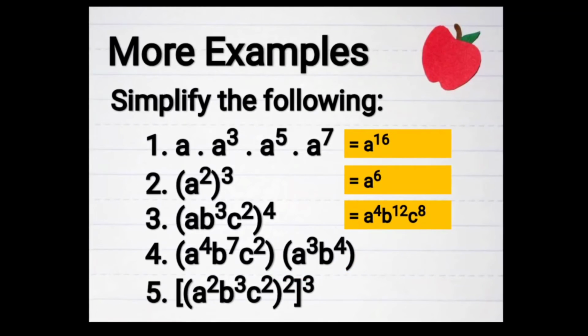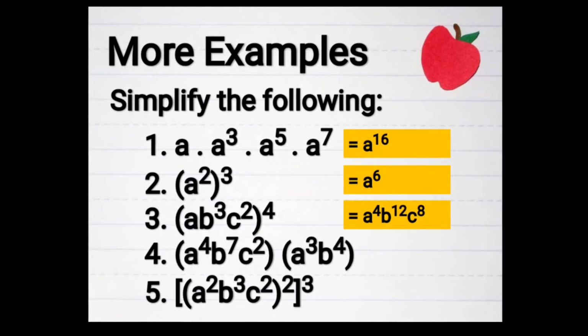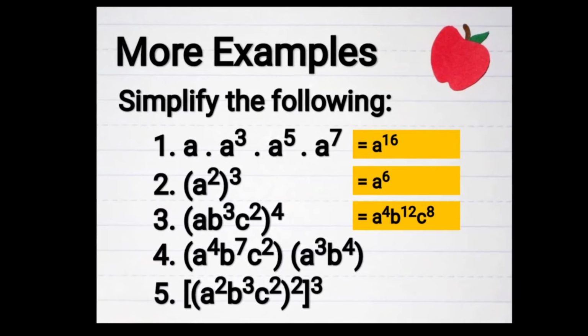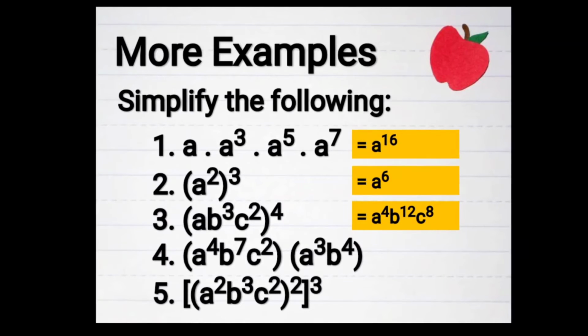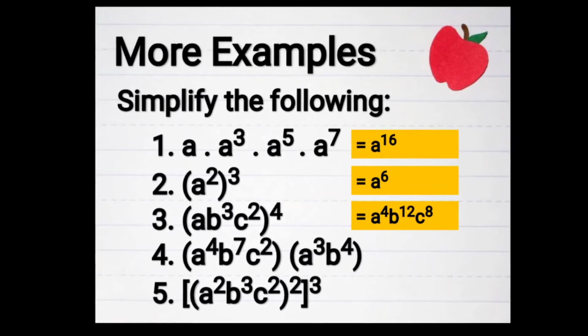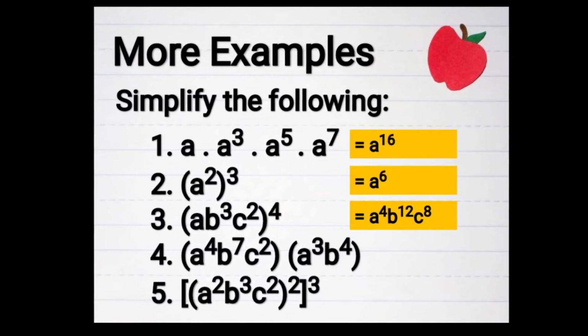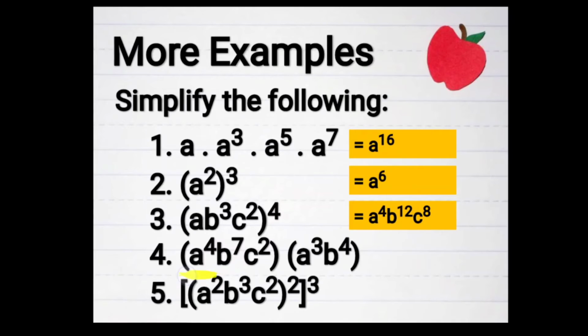So the operation is only multiplication. So let's apply the first law, and what you are going to do is copy the same base, then add their exponents. As you can see, we have the same base, the same a.